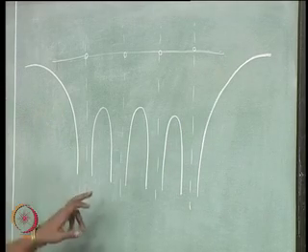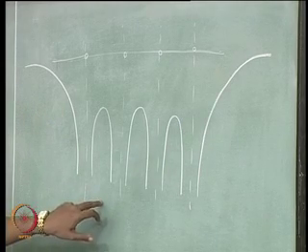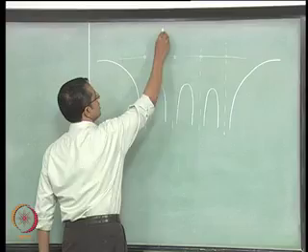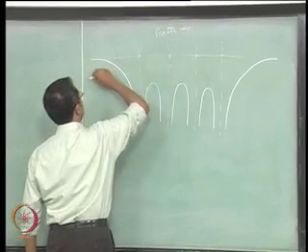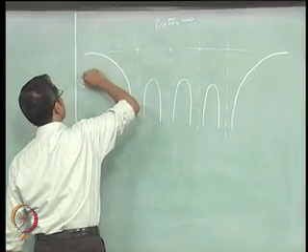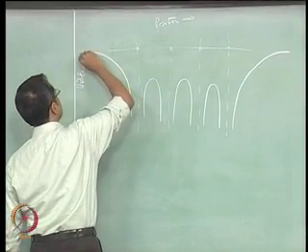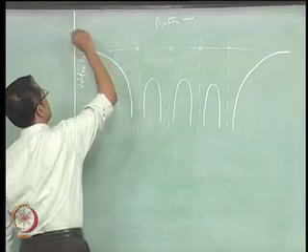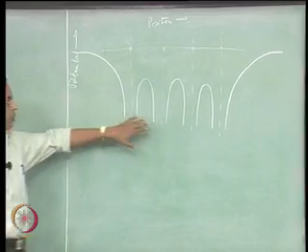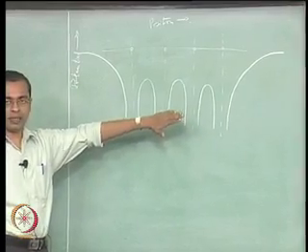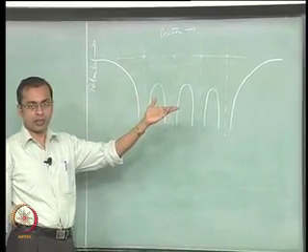So this is position and this is potential. Okay, so the curve looks more like this, and it is much more reasonable to actually believe that the electron experiences something like this as it goes through the solid.